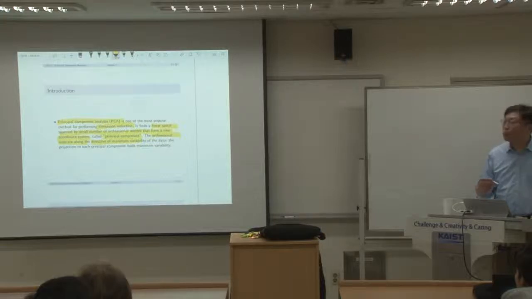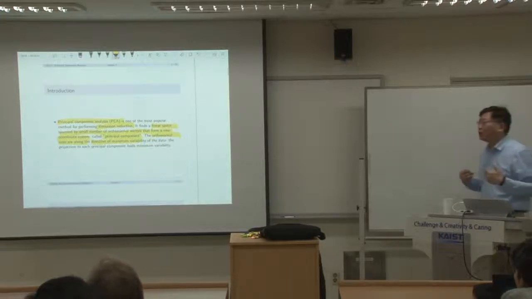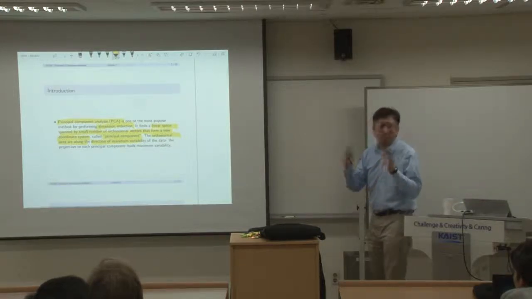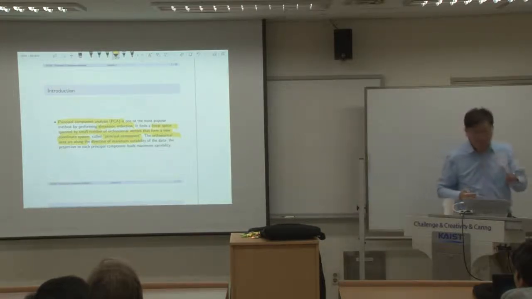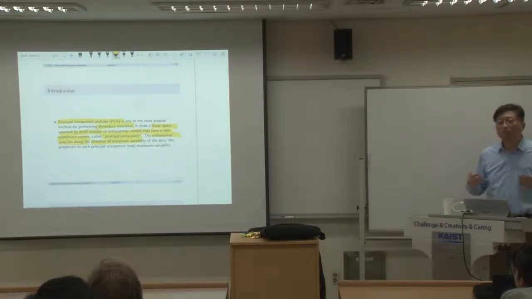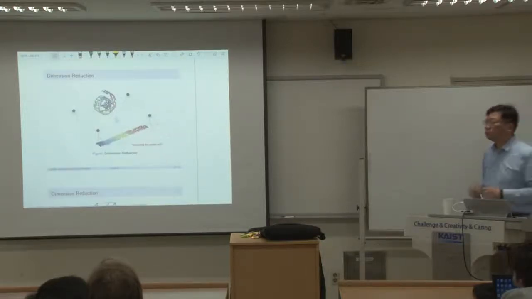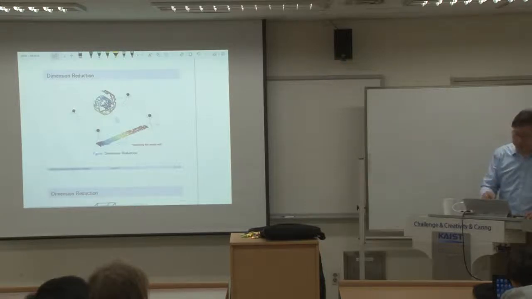And you would want to project your data onto this new coordinate system, which is a smaller dimension. Okay, and this coordinate system would capture maximum variability of the data.